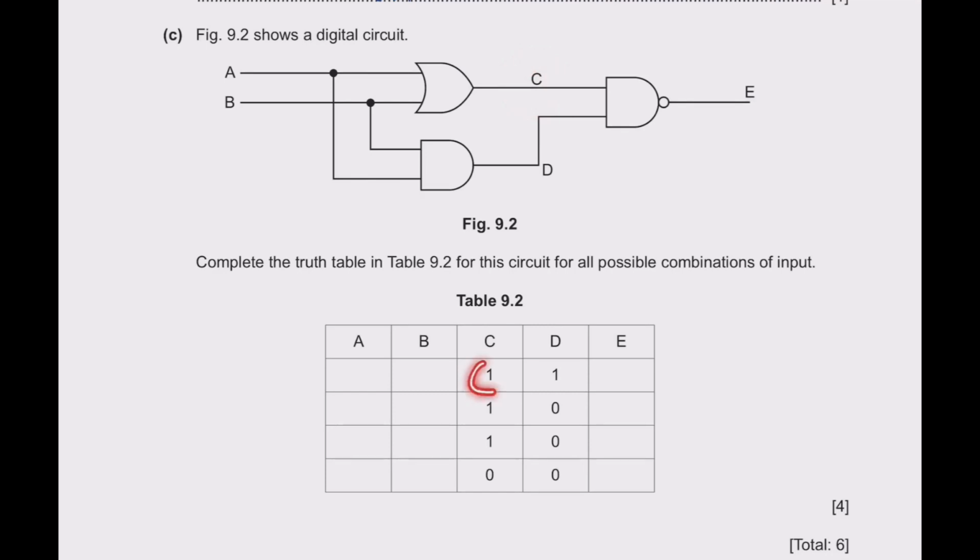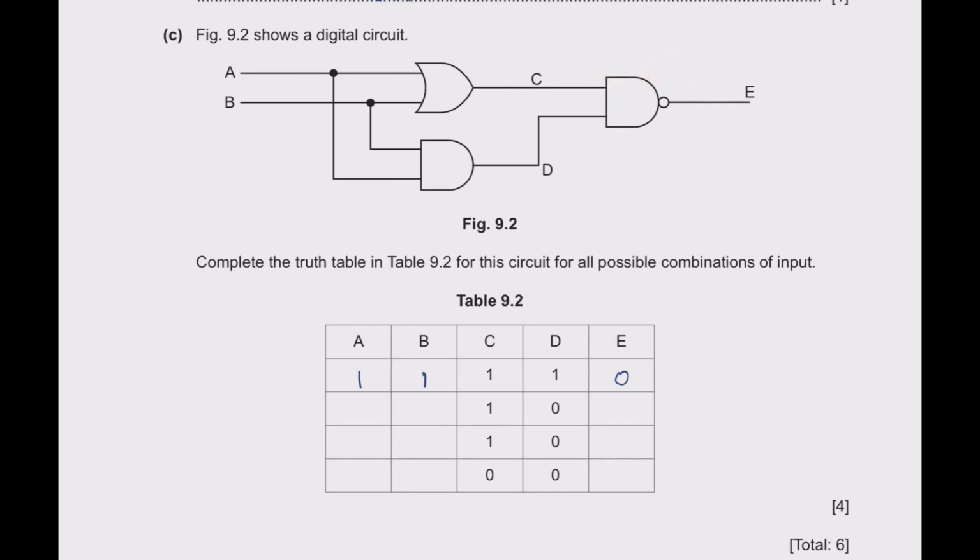If I am getting 1, so it will be like start with 1 and 1. So I am getting C as 1. Okay, if C is 1, D is 1, and E I will get 0, because this is an AND gate.